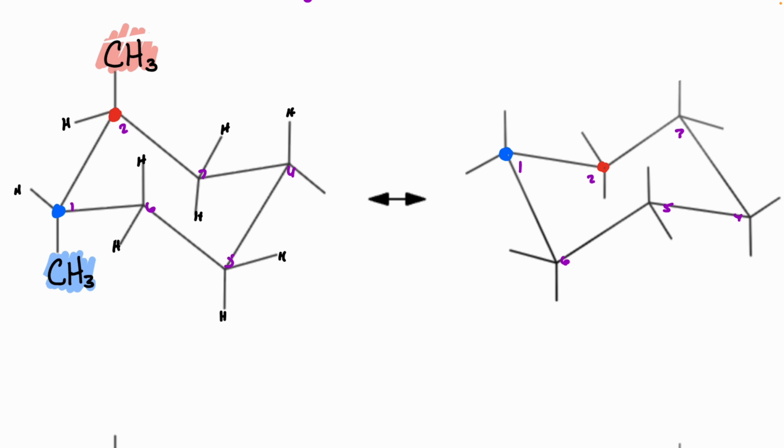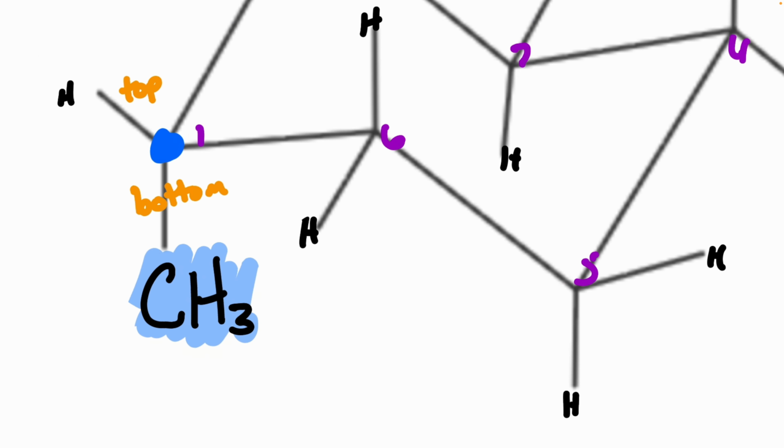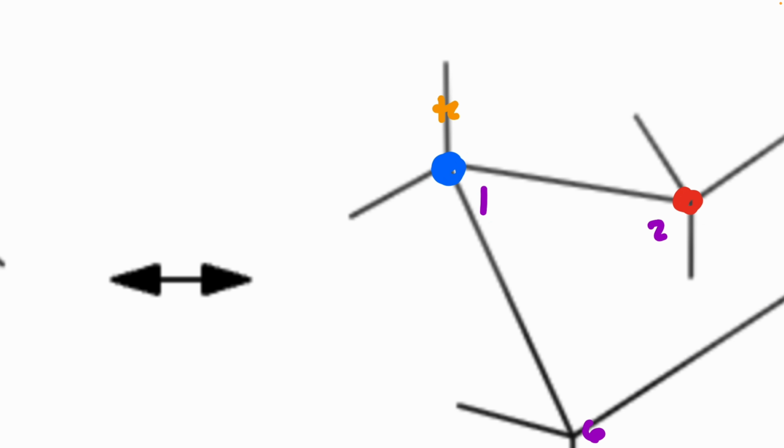So now let's fill in our methyl groups on that red and blue carbon. Well, if I look on my blue carbon here, on top is that hydrogen, and on bottom is that methyl group. So that's got to be the same over here. On top is going to be that hydrogen, and on bottom is that methyl group.